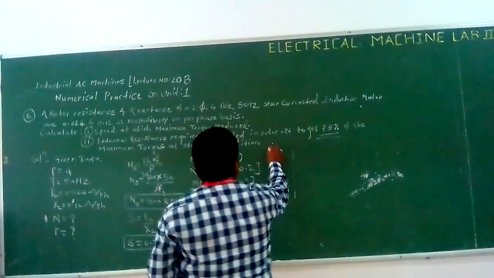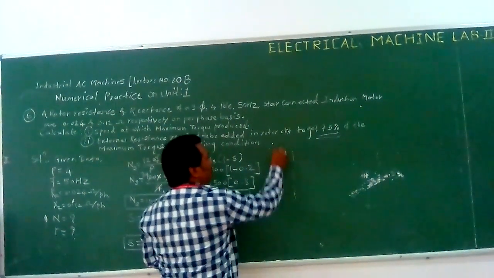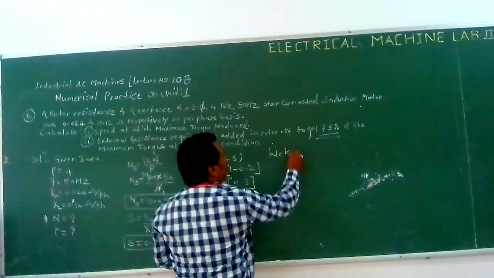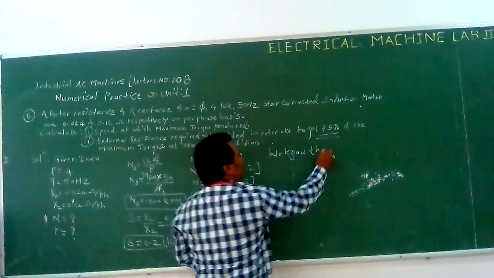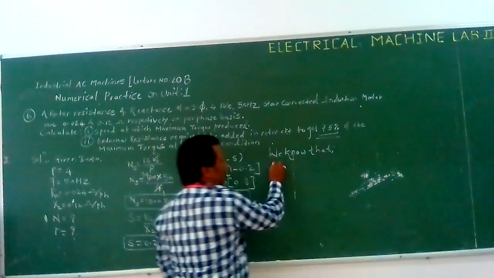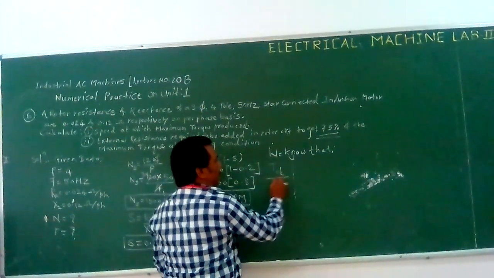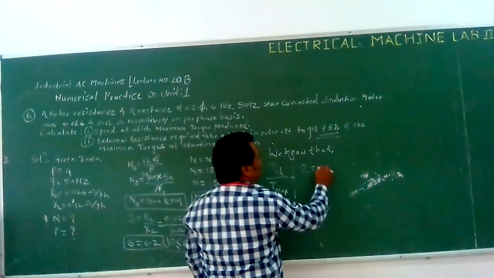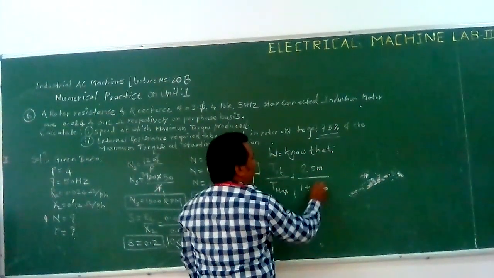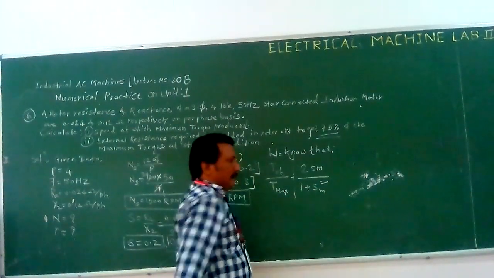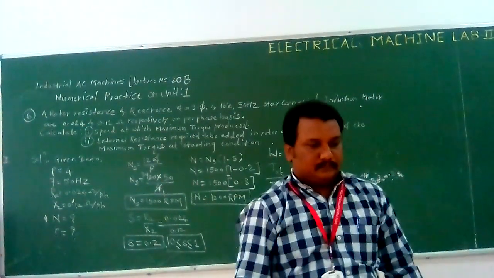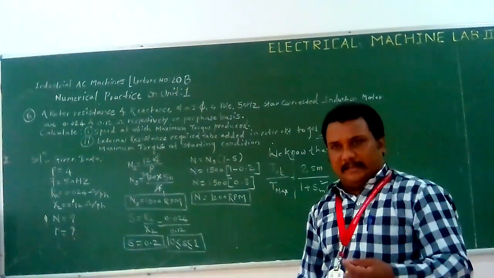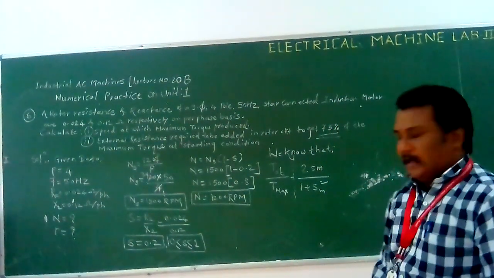So here we know that the starting torque to maximum torque is equal to twice Sm divided by 1 plus Sm square. This is the value of the torque ratio which we derived earlier from the different torque ratios.